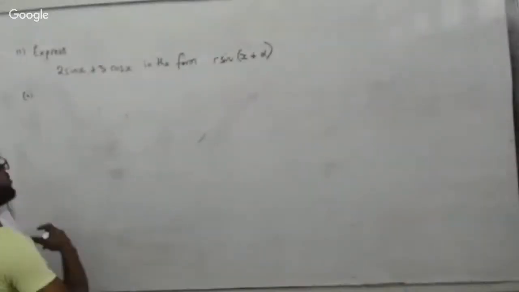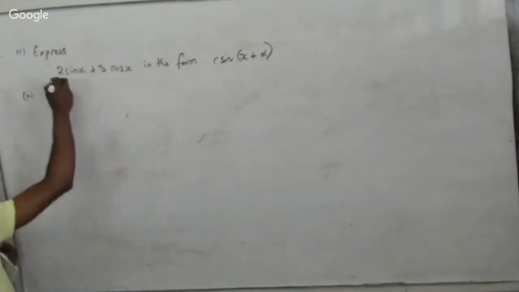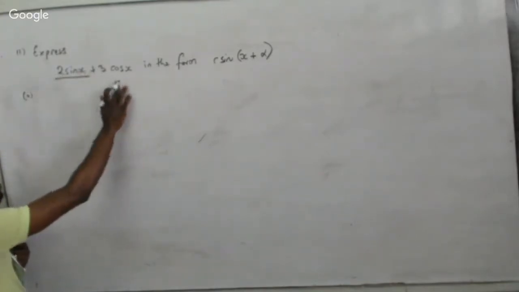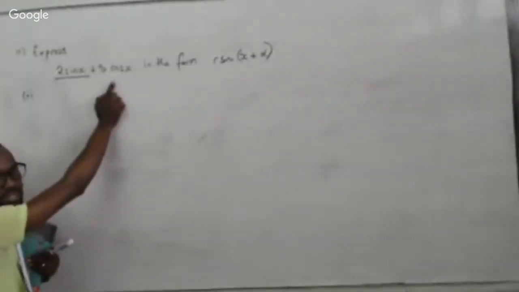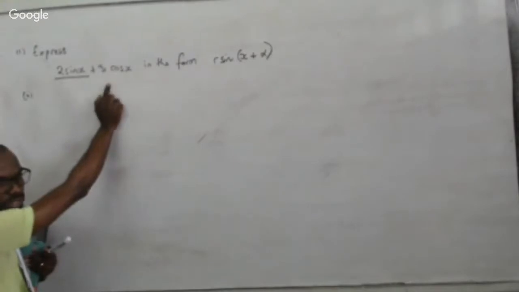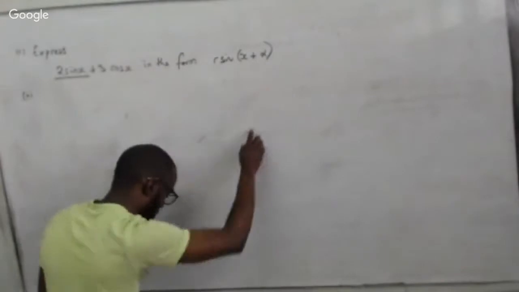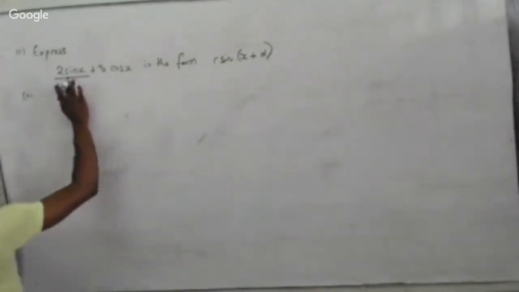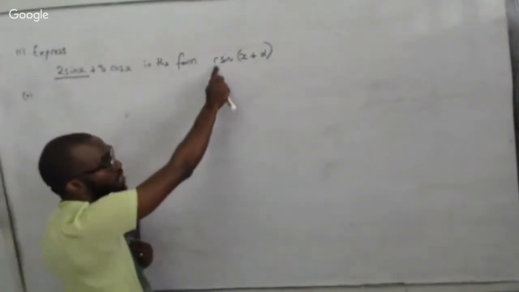So typically, guys, what Mr. Keith usually does, or what I've realized, is that anytime you get an equation or an expression that has both sine and cosine in it, and none of them are squared, then it's a potential question that involves this form. But when that expression starts with sine, they usually put it in the form r sine.